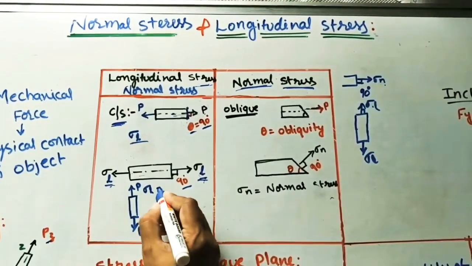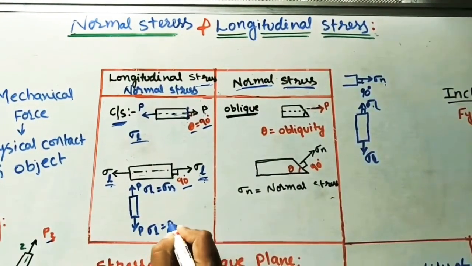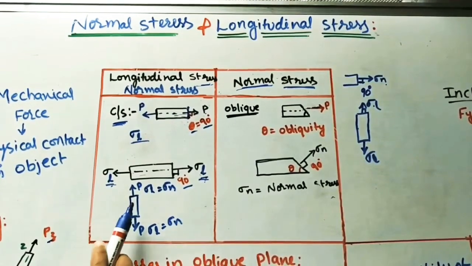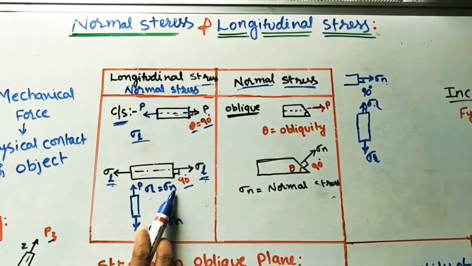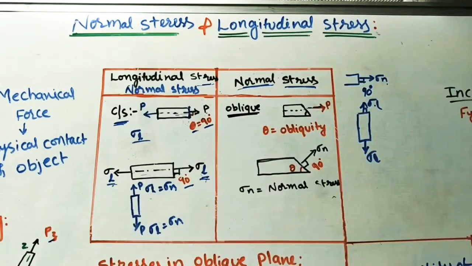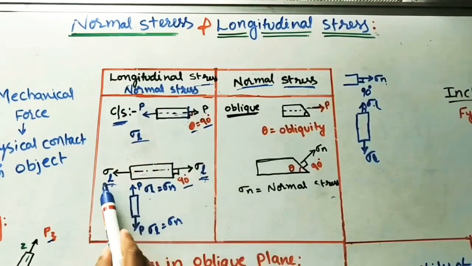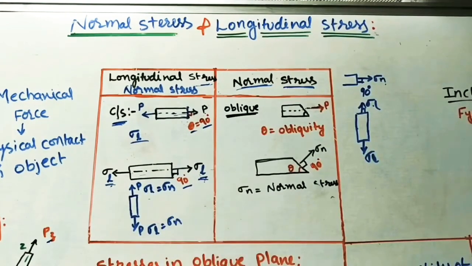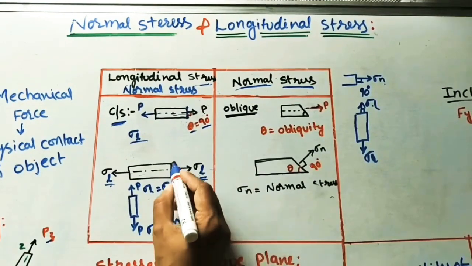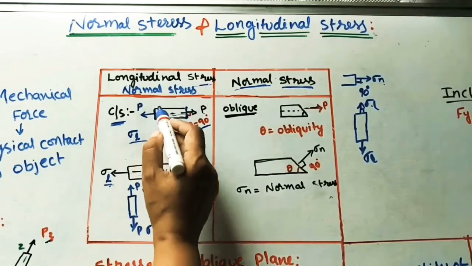We can call it either longitudinal stress or normal stress in this example and in this example. Both act along the axis for this cross section.